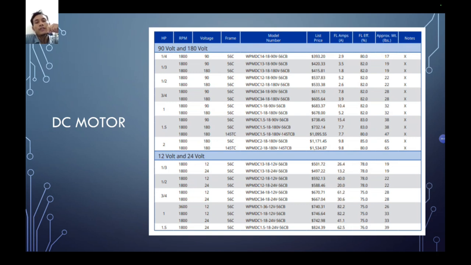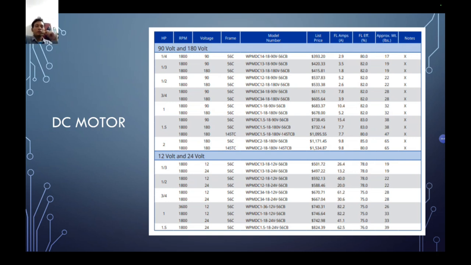The RPM is 1800 and the frame is 56C. It uses 2.5 amps and the efficiency is 80. Its approximate weight is 17 lbs.